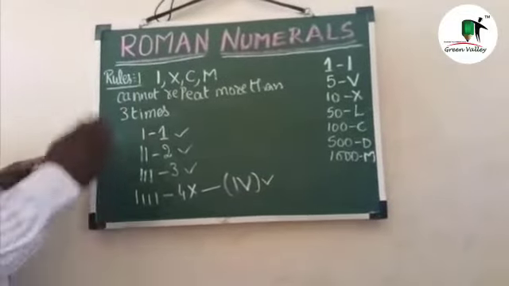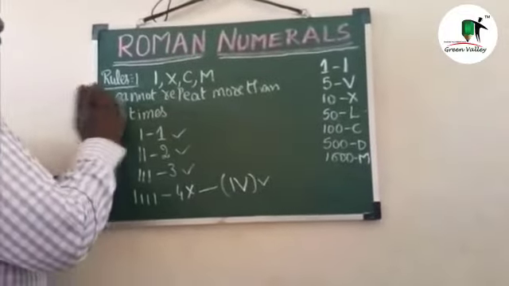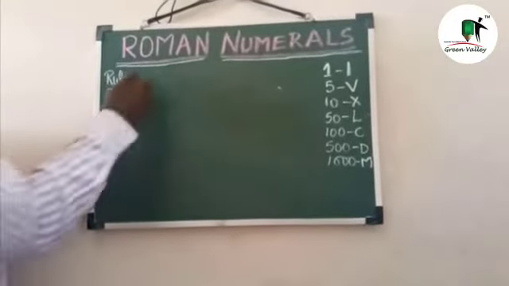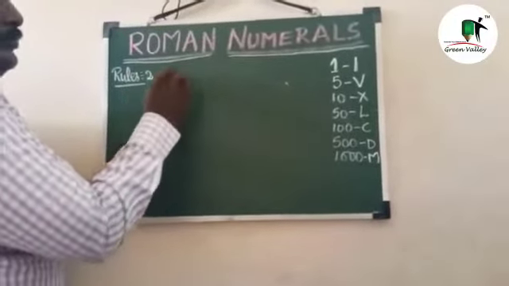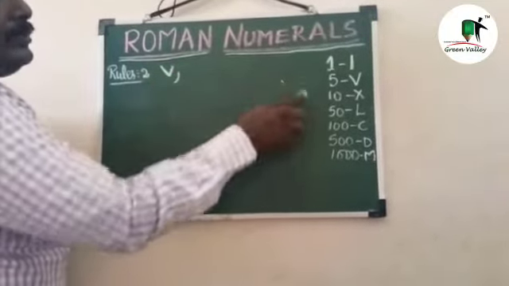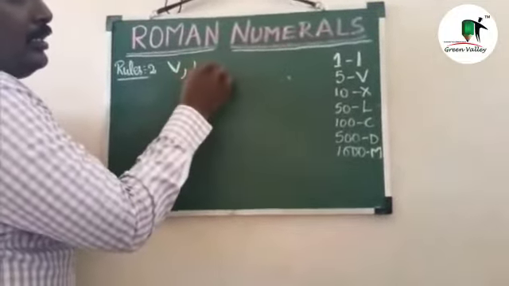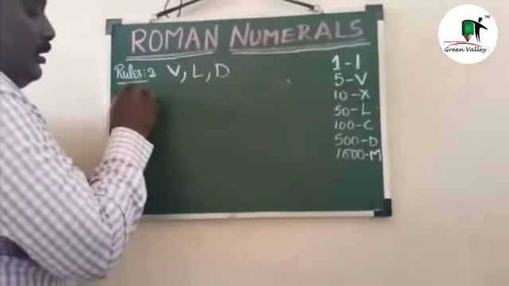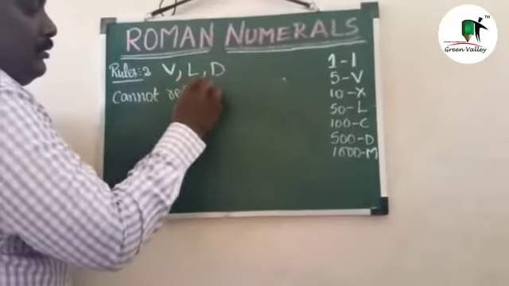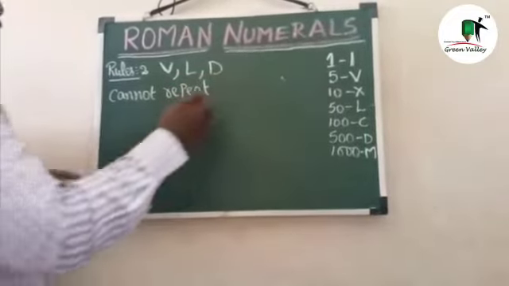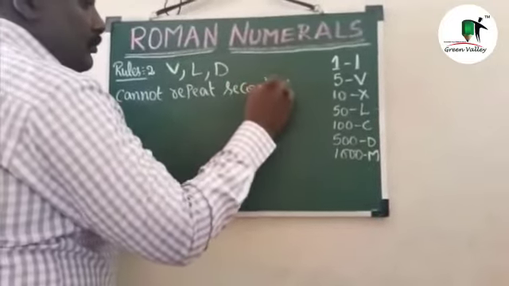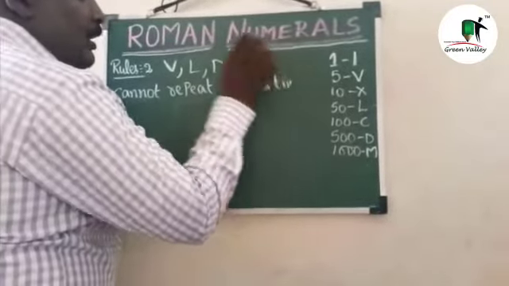Rule 2: V, L, D cannot repeat, not even a second time. They cannot repeat twice.